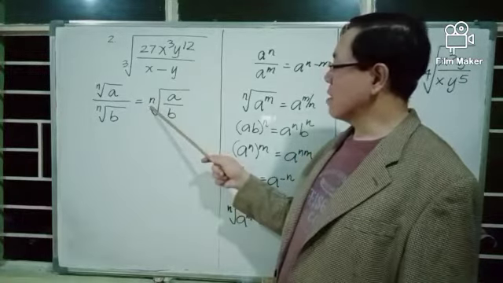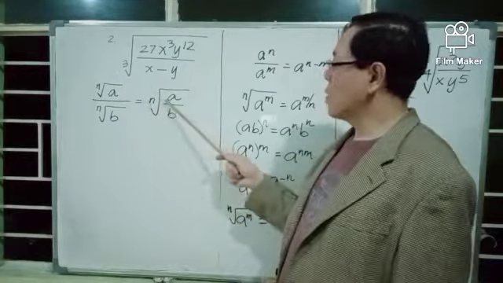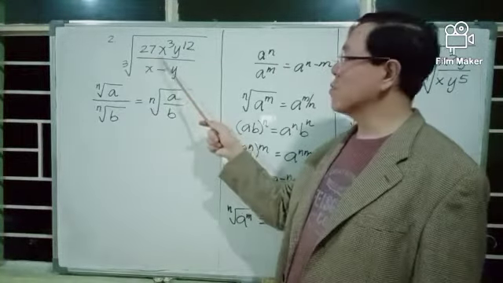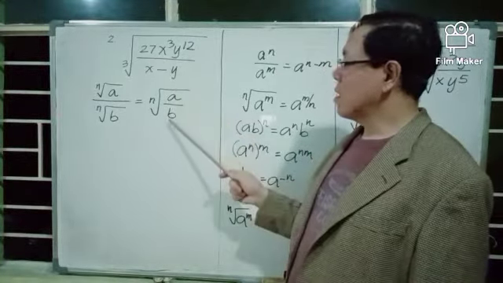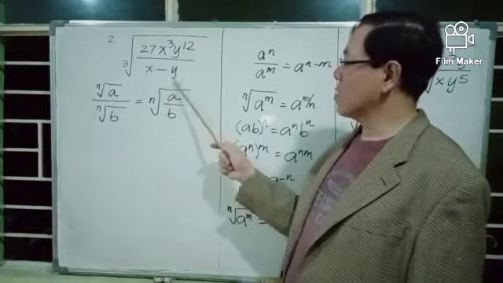The index n here is 3. Our a is 27x cubed y raised to 12. And our b is x minus y.